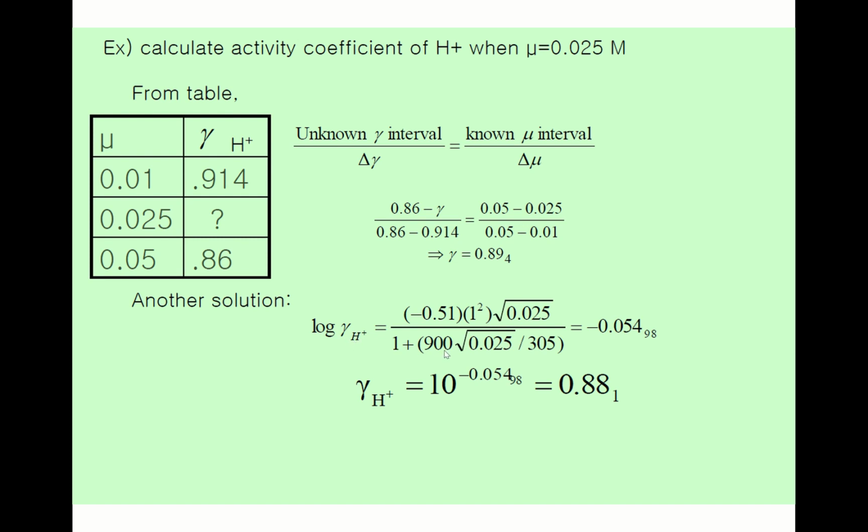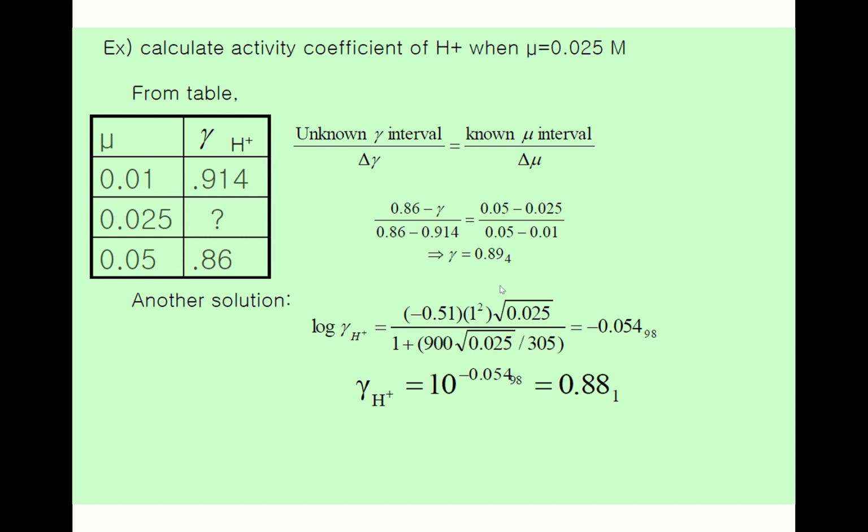The proton hydrated effective radius is 900 picometer. Then log gamma you calculate to be minus 0.054. If you calculate gamma here, you finally get 0.881, and compare.